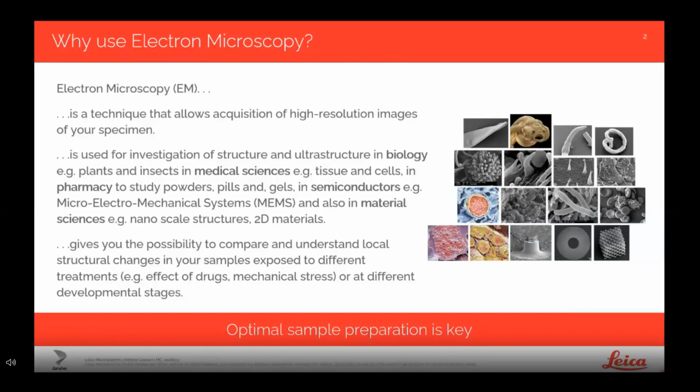However, you likely already know that to obtain high quality, high resolution electron microscope images, typically high quality sample prep is key. You need to load a good sample to get a good image out.